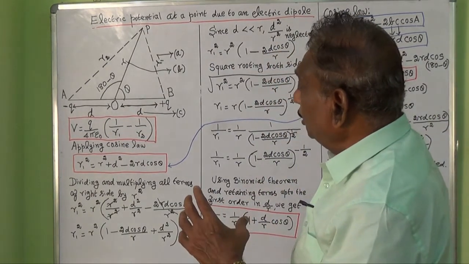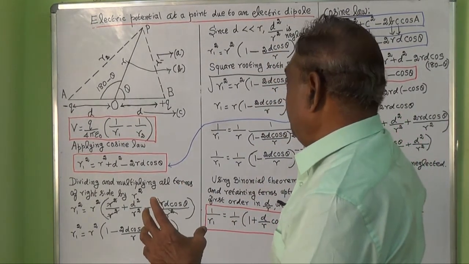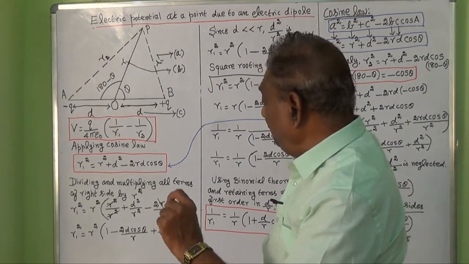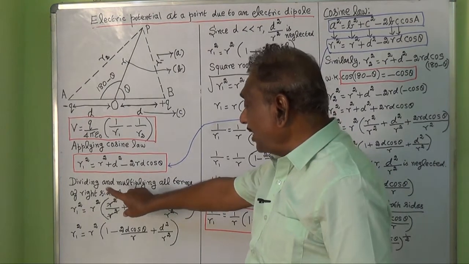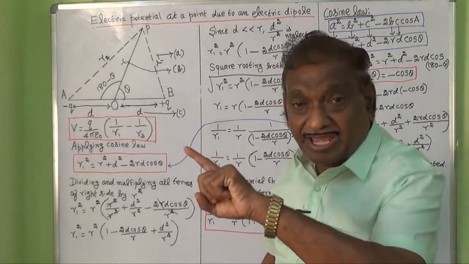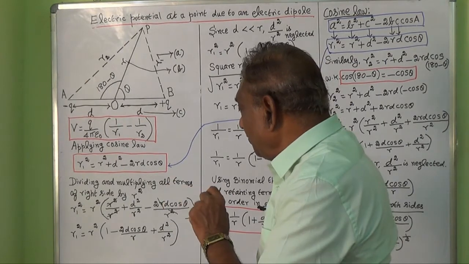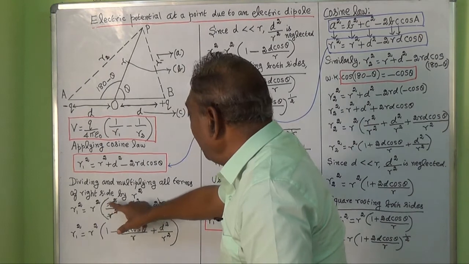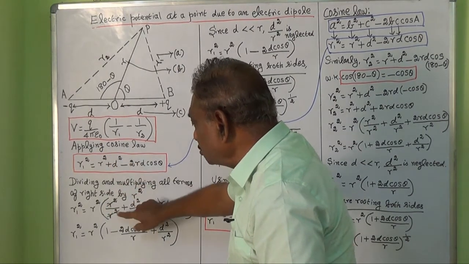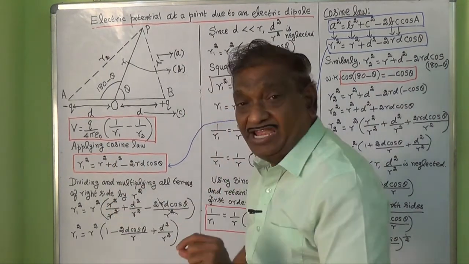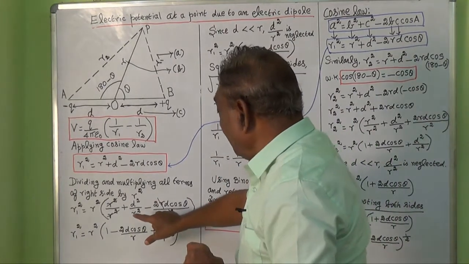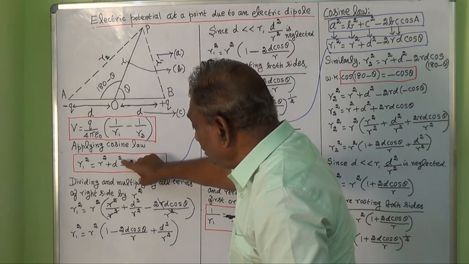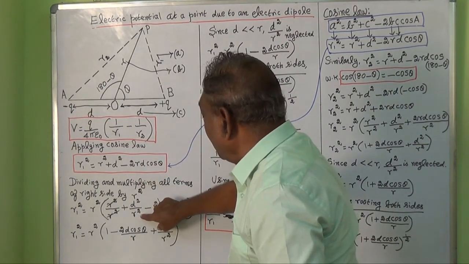How are we going to find R1? First of all, we are going to divide and multiply all terms of the right side by r square. We are multiplying all terms by r square and dividing the first term by r square, so that we get r square by r square. Then we divide the second term d square by r square.